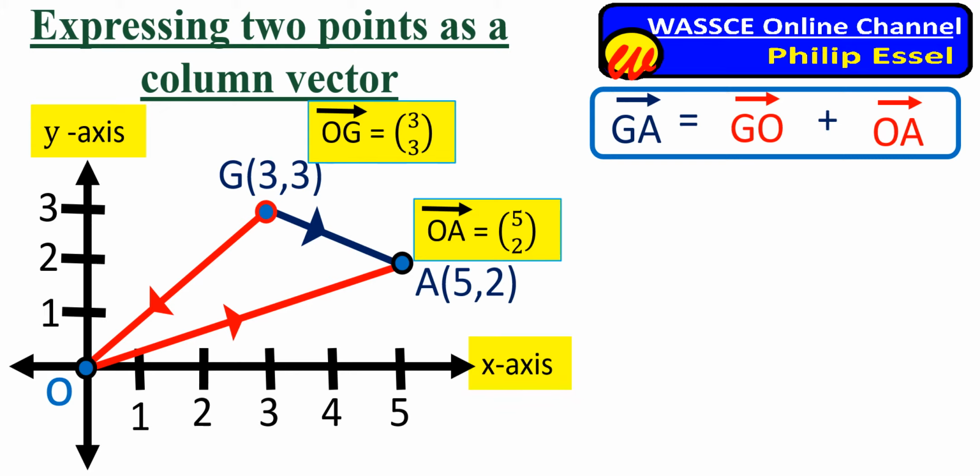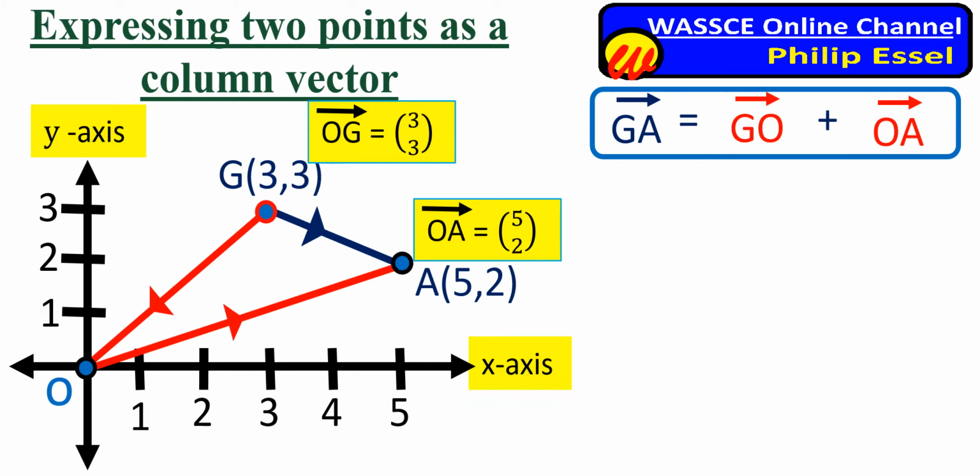At this point, let's go back to the relationship we established, which is the vector GA equals the vector GO plus the vector OA. What can you say about these vectors, especially those with O inside them? Clearly, you would see that GO is the opposite of the position vector OG, whilst OA is the position vector of the point A. Can you see that?